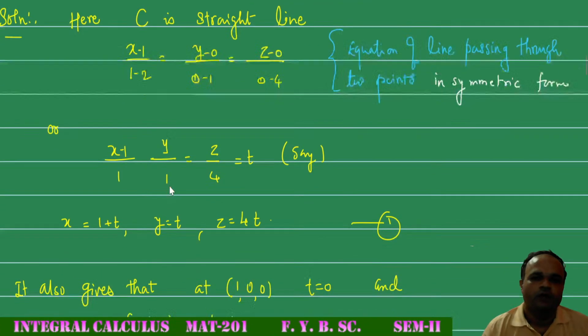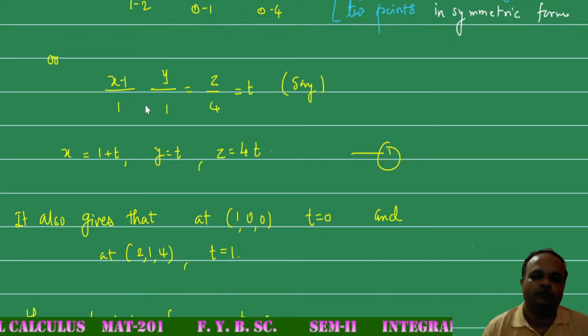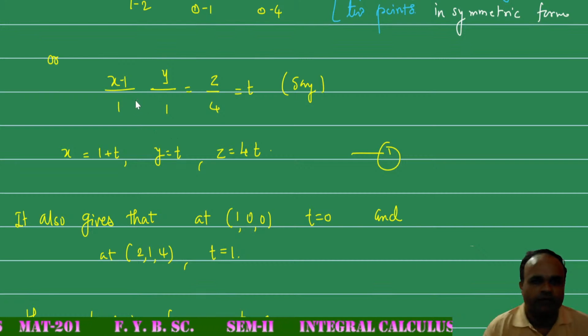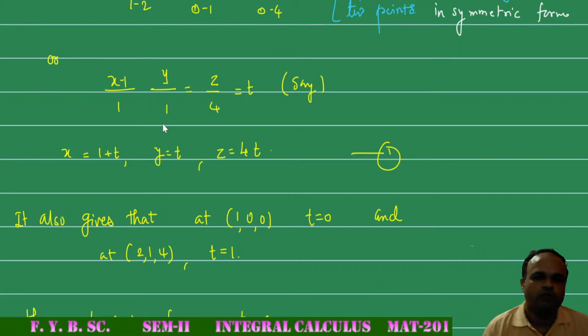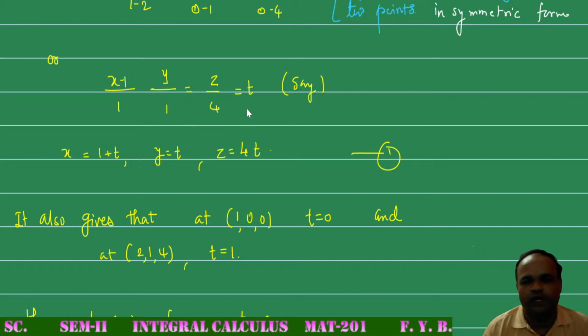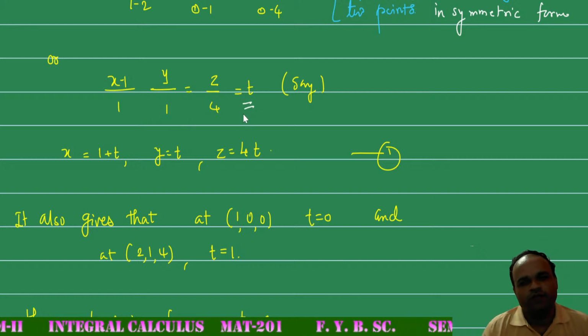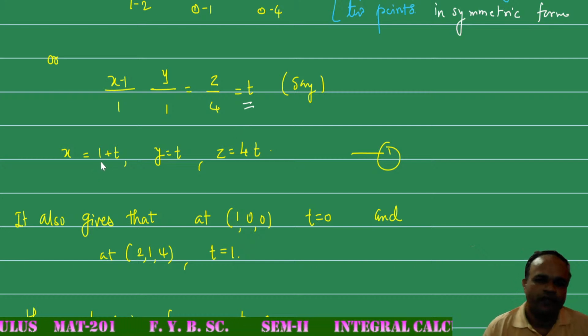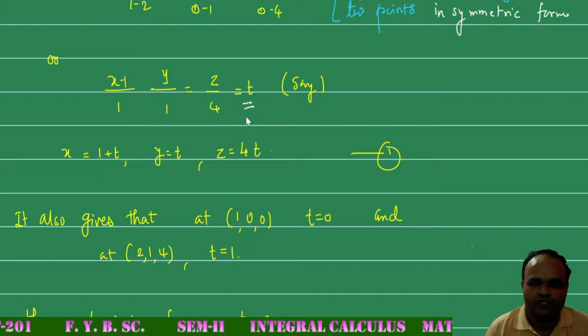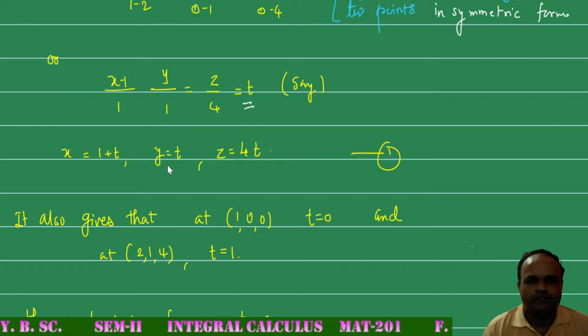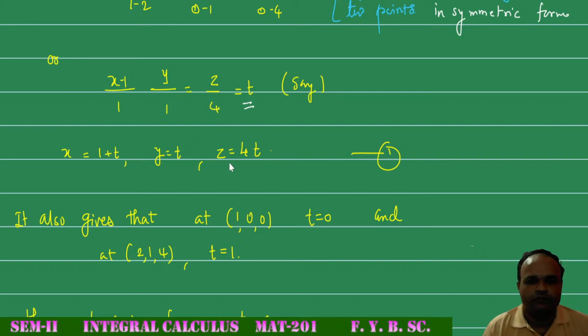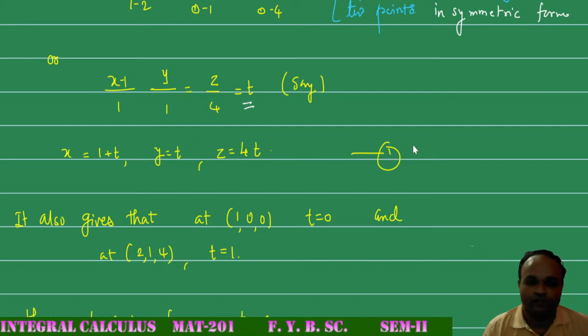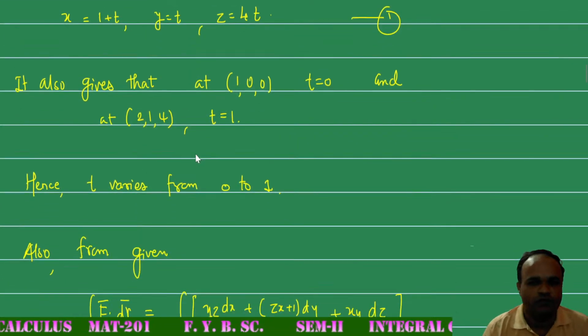Or the same equation you can write in simplified form: (x minus 1) divided by 1 equal to y upon 1 equal to z upon 4, and you can write this equal value as t. From that you will write x as 1 plus t, y as just t, and z equal to 4 times t. You can call this equation number 4.